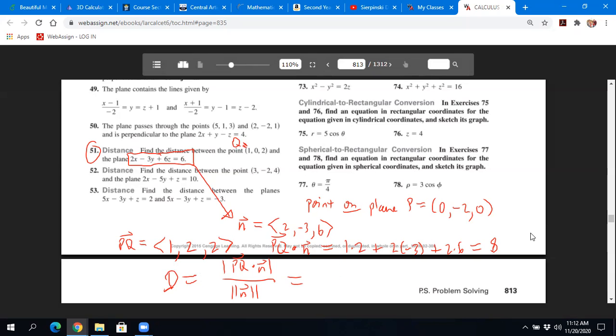So this is going to be 8 divided by the length of N, which is the square root of 4 plus 9 plus 36 or something like that, right? Oh man, that worked out nicely. So what do we get? 8/7, right? If it works out that nice, you're pretty confident, yeah?